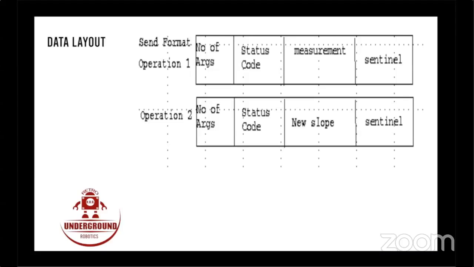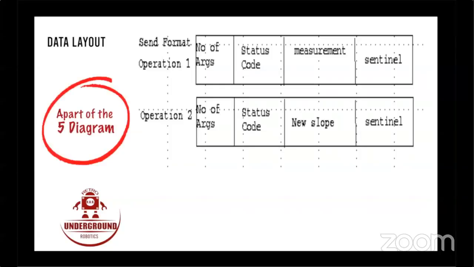In this case, this is the format that the Arduino is sending back to us. For operation 1, the agent is going to send us a string where the items are separated by commas. The first thing in the string is going to be the number of arguments it's about to send. It's going to send the status code, and it's going to send back the measurement. And the sentinel is just a character that you put at the end.